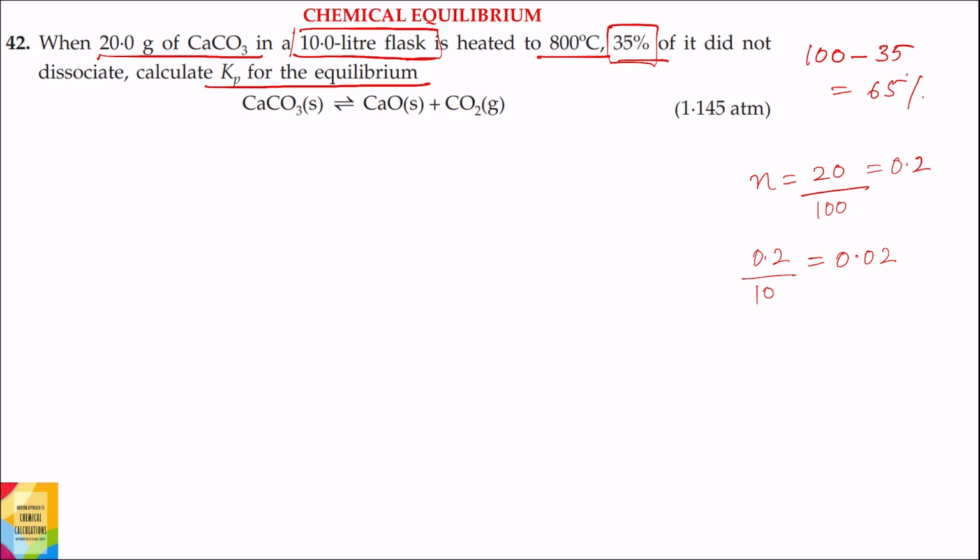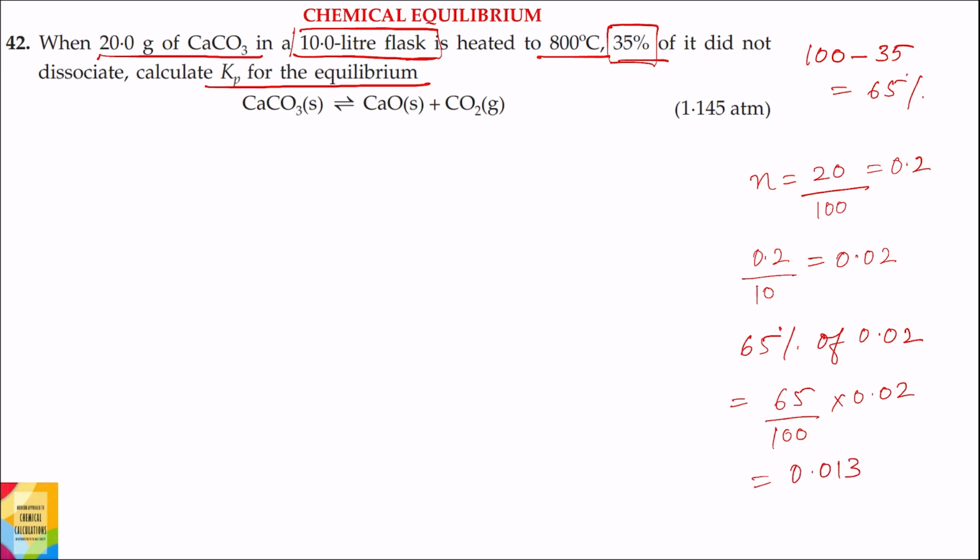Now out of this, only 65% dissociated. So amount of calcium carbonate dissociated is 65% of 0.02, which is equal to 65 by 100 into 0.02, and this is equal to 0.013.